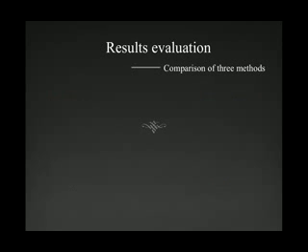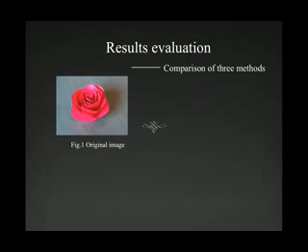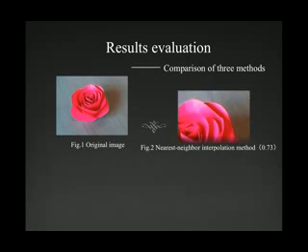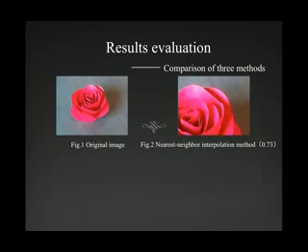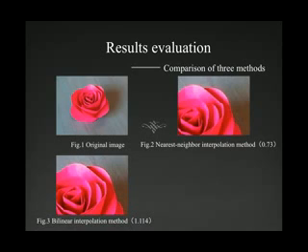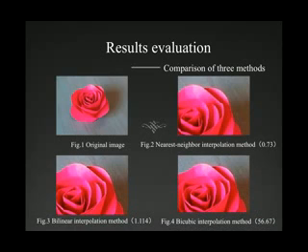Then I compare these three methods. Figure 1 is the original image. Figure 2 is the image by using nearest neighbor interpolation methods, and Figure 3 is the magnified image by using bilinear interpolation method. Figure 4 is the bicubic interpolation method.